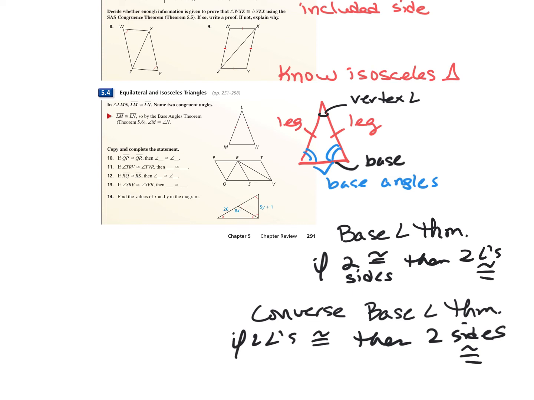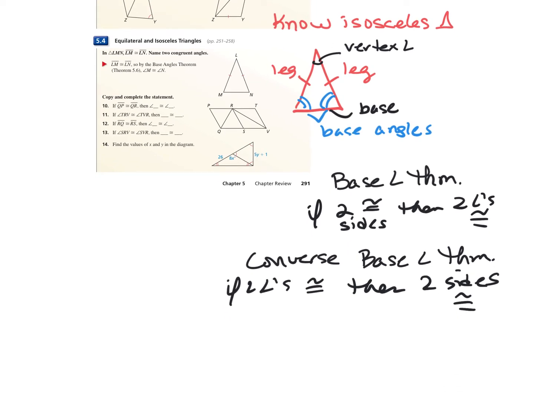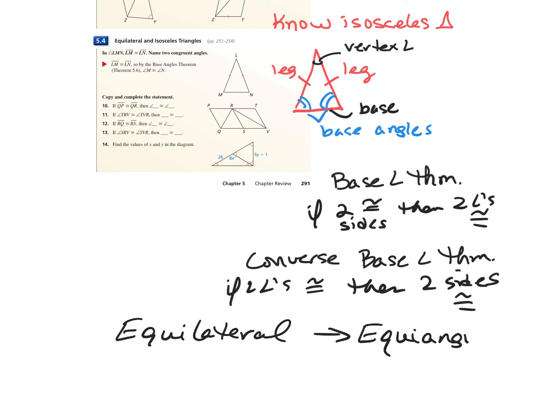We also learned the corollary to both of these, to the base angles theorem and to the converse of the base angles theorem. And that just stated that if it's equilateral, then it's equiangular, and vice versa. So if it's equilateral, then it's also equiangular. If it's equiangular, then you know it's equilateral.